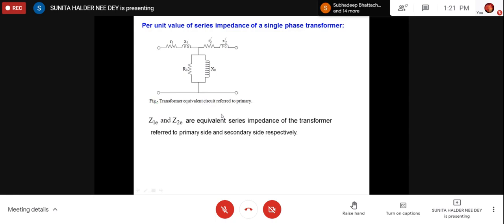Because in the power system, a transformer is generally expected to operate at full load. So if the transformer is operating at full load, then the series branch current on the equivalent circuit is far higher than the shunt branch current, because shunt branch current is only the magnetizing current. So when we are assessing the performance, we can neglect the shunt branch, right?